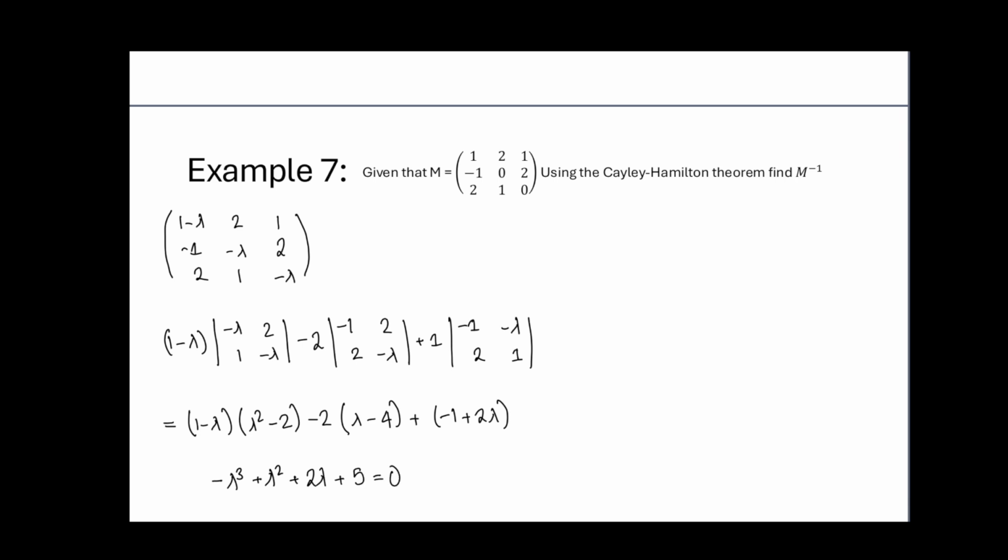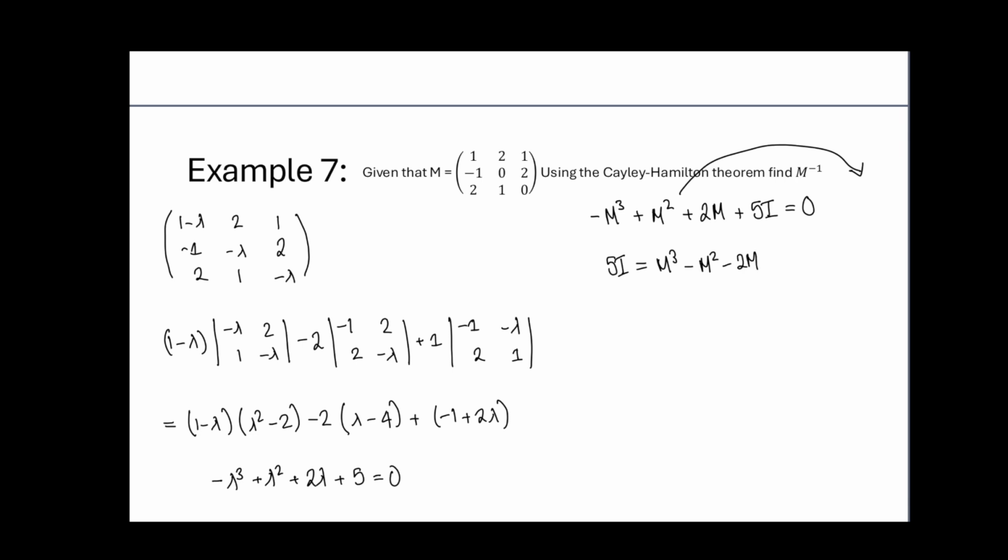So if we use the Cayley-Hamilton theorem, what that says is minus M cubed plus M squared plus 2M plus 5I is going to be equal to 0. What I'm going to do is move all of this to the other side so that we get 5I is equal to M cubed minus M squared minus 2M.